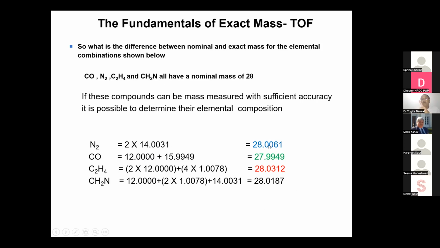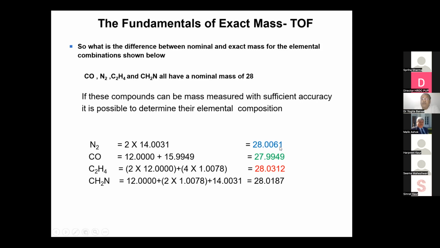The time of flight analyzer can do this, or there is also the Orbitrap, which is more sensitive than time of flight. But time of flight has sufficient accuracy that it can distinguish masses up to four or five decimal places. So we can see the exact mass.